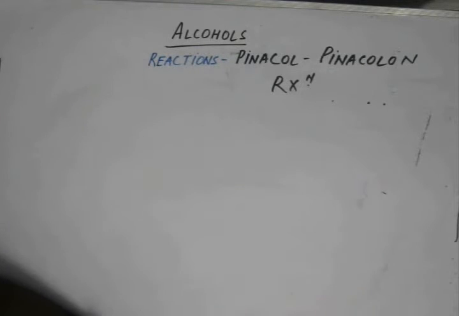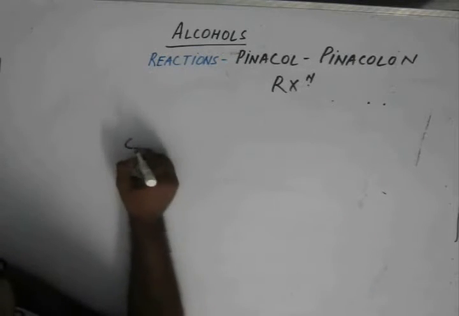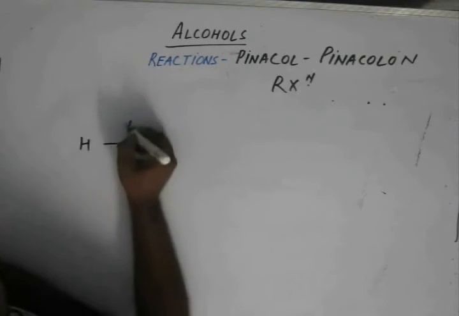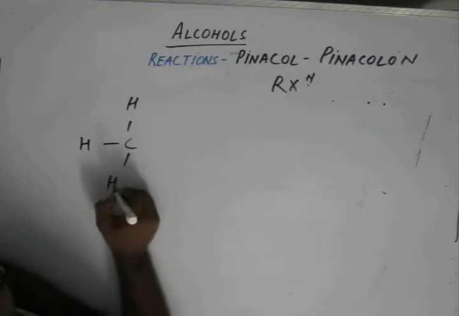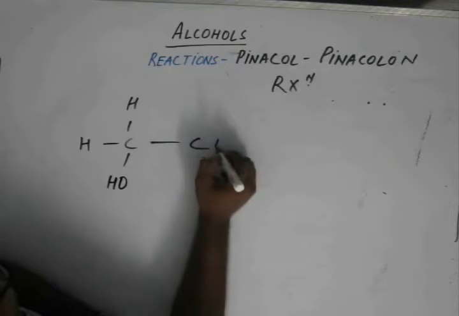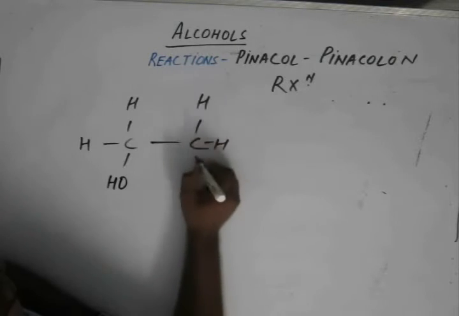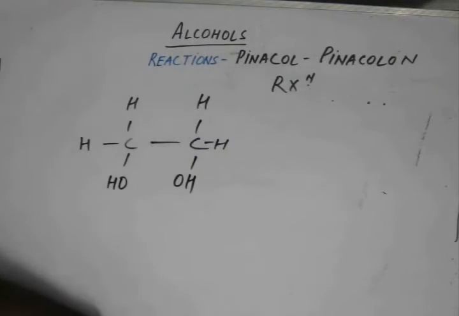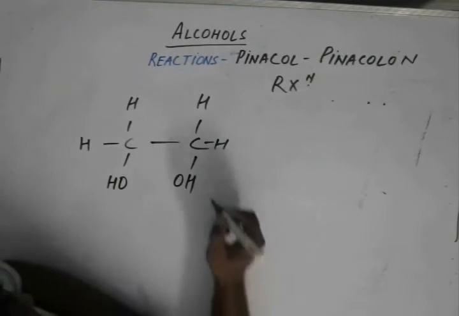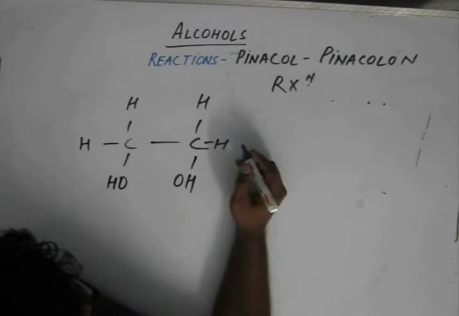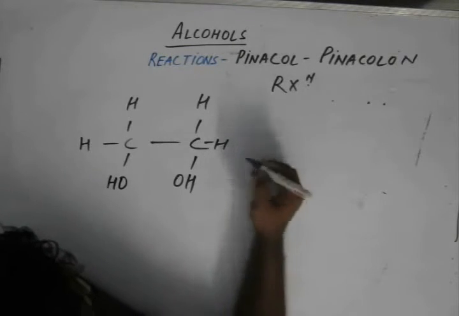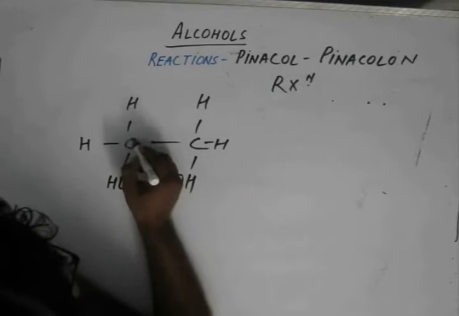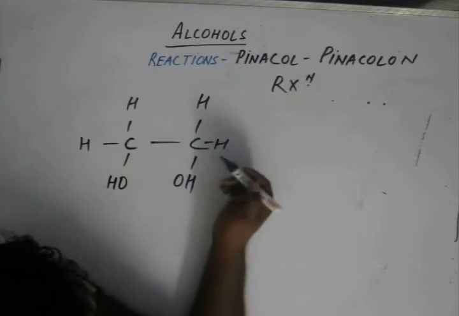So I'll take up one very simple example where we have pinacol like this. Alright, so this is ethylene glycol. The attack can be on either of these two because both are equivalent.